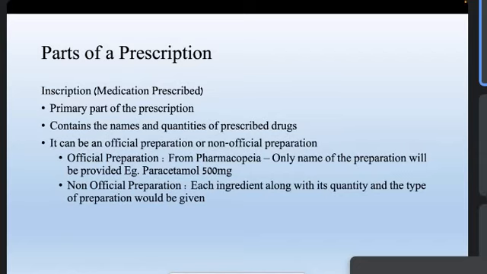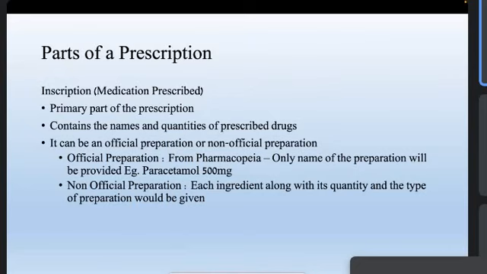In case of non-official preparation, that means if the pharmacist has to prepare the preparation, then each ingredient will be given. For example, sodium chloride. So along with sodium chloride, what is the active ingredient? It will be given, and there will also be a note saying how it needs to be made, as in what dosage form it needs to be made. So that is called a non-official preparation.